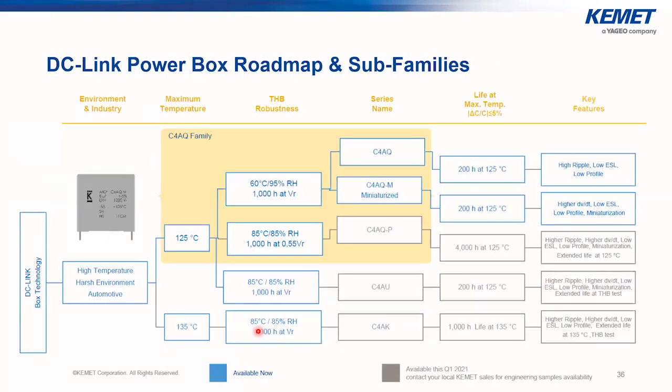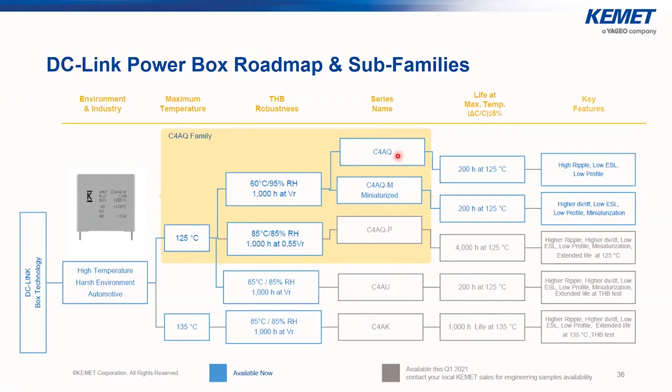On this slide, I will show you the DC-Link overview of our different families. The blue ones are existing series already launched, and the gray colored series will be recently released or will soon be released in Q1 2021.